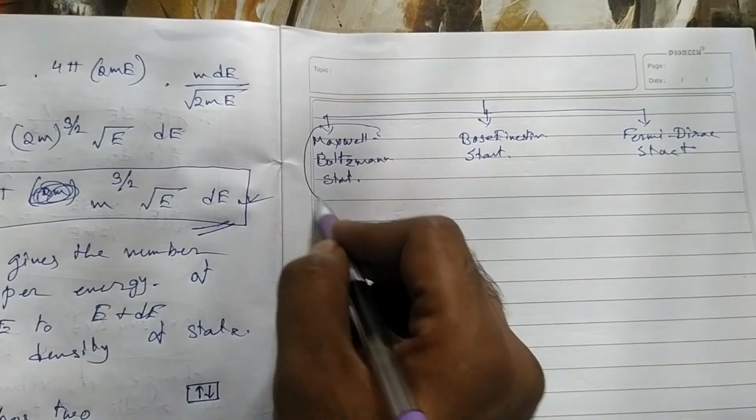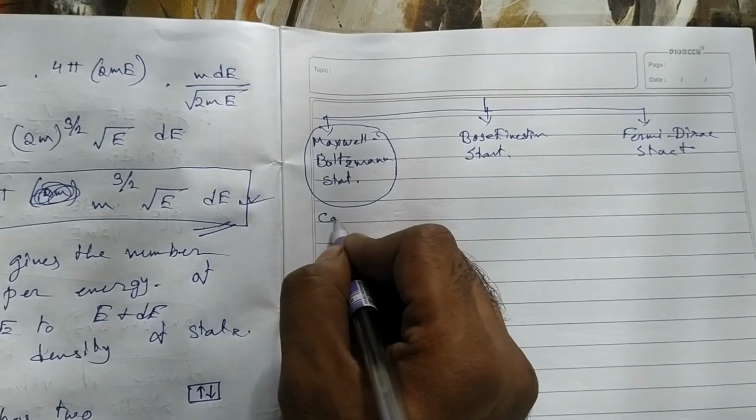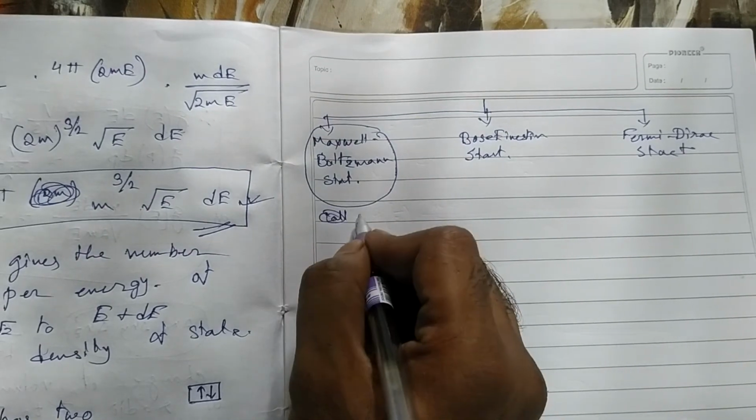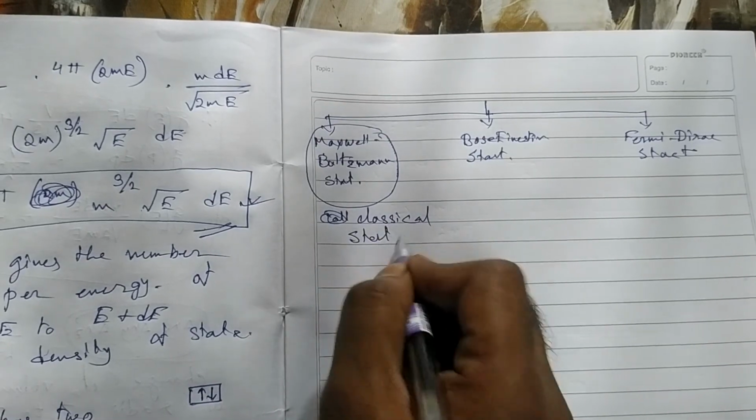Maxwell-Boltzmann statistics is also considered classical statistics. Why?